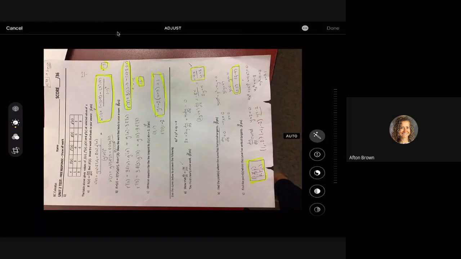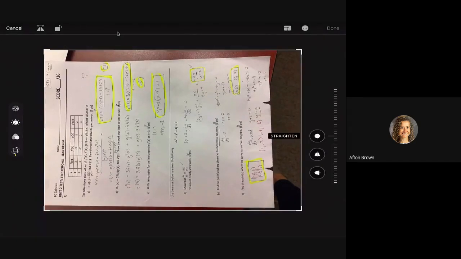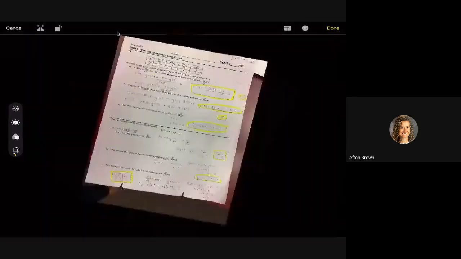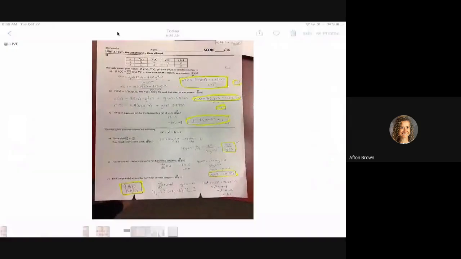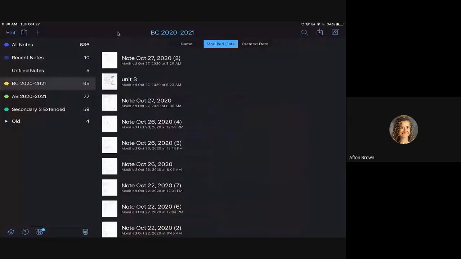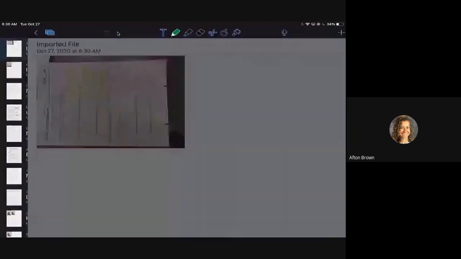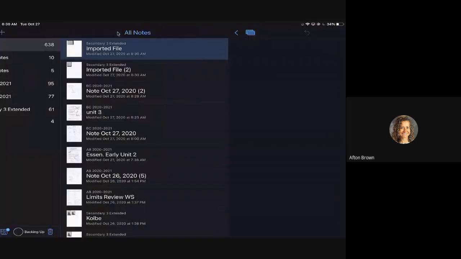Crop that. And then, there we go. Thank you. Okay, now open it in Notability. There we go.